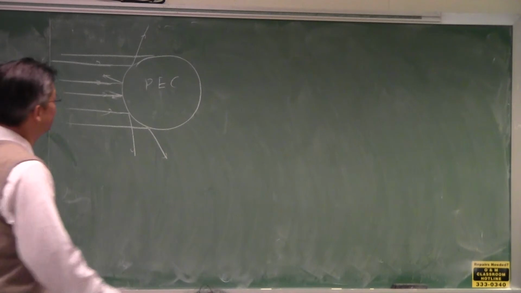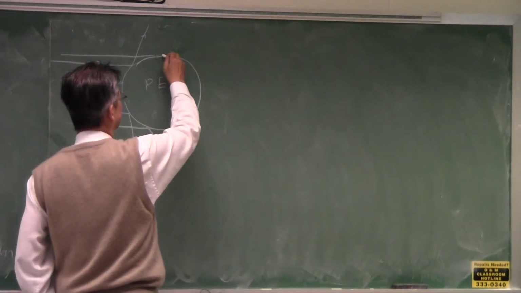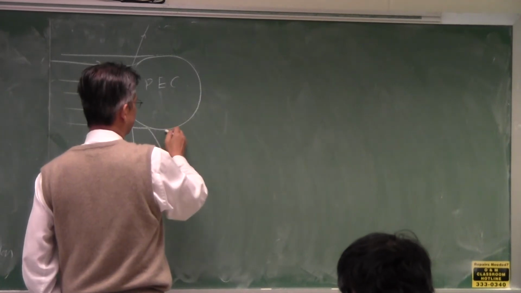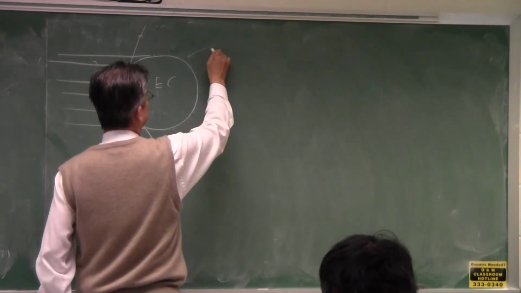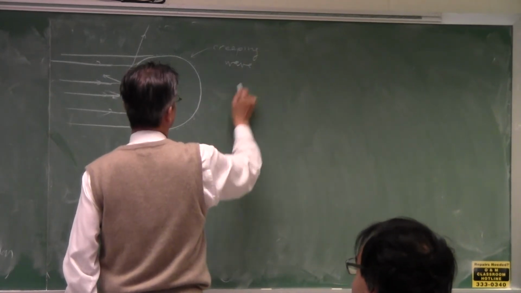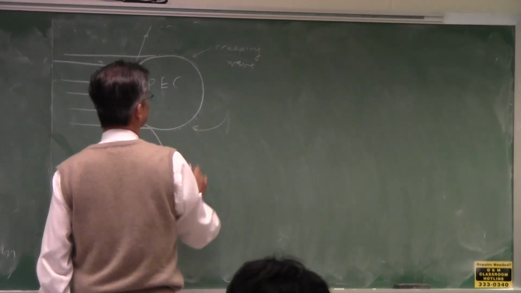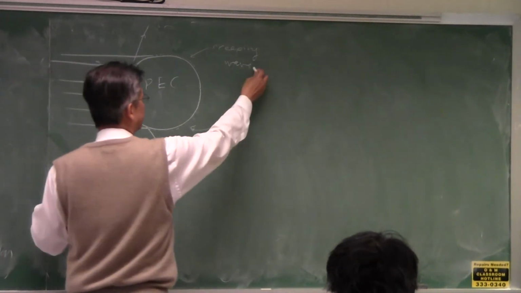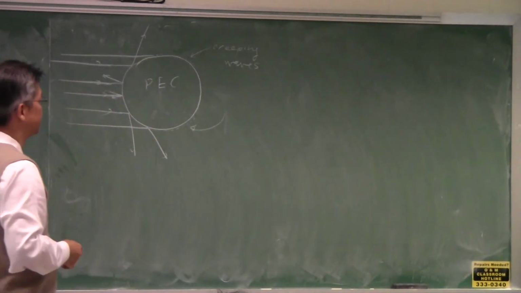Another pretty interesting thing is that you start to see waves creeping around this curved surface. This would be called a creeping wave. You will see creeping waves coming around the thing.